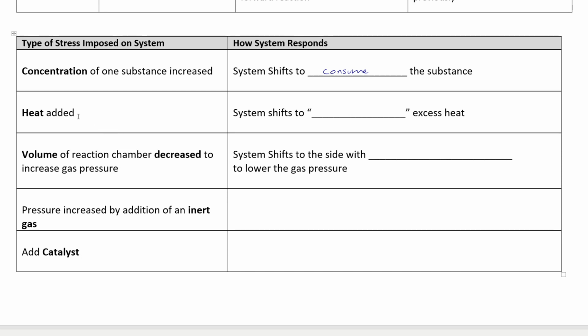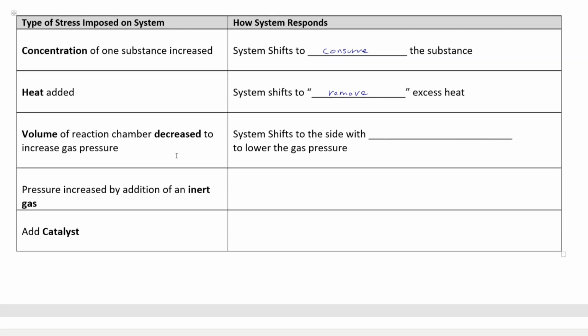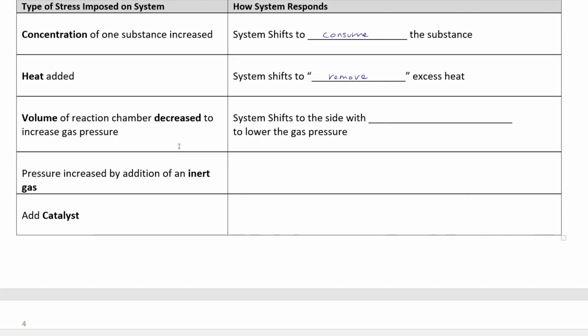If you add heat, the system will shift to remove that excess heat. If the volume of a reaction chamber is decreased to increase gas pressure, then again the reversal of that is that the system will shift to the side with fewer gas moles, so fewer gas particles, to lower the gas pressure.